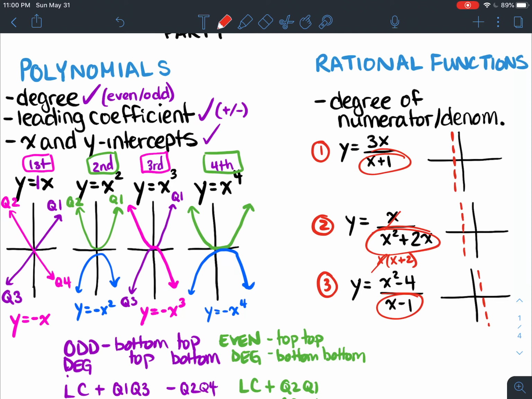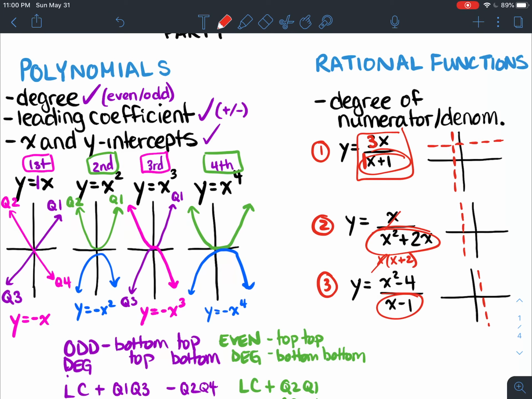Now to get my horizontal asymptotes, they're all different. So if the degree is the same in the top and bottom like it is for number 1, then the horizontal asymptote is going to be the ratio of the coefficients in front of x. So in this case, my horizontal asymptote is going to be 3, because these are my coefficients, 3 over 1, which equals 3.